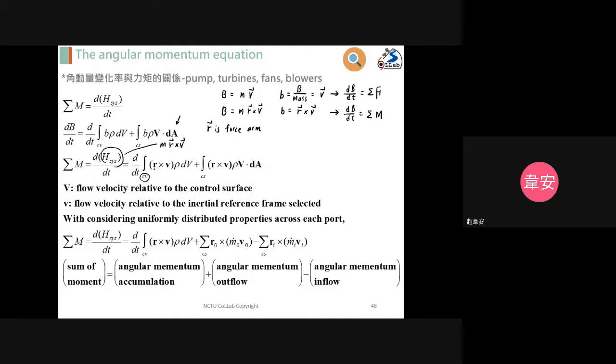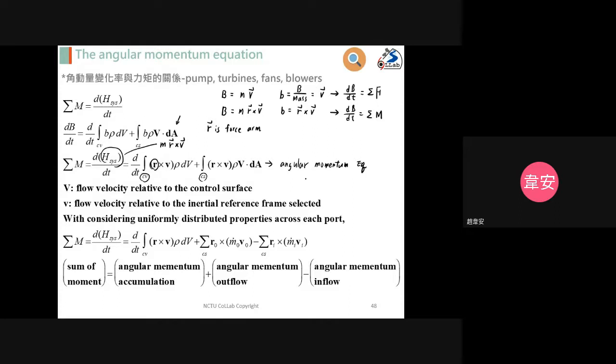We still have the additional r vector cross the velocity vector, and in the control surface we also have the r cross the velocity vector. Okay, so this is called the angular momentum equation.